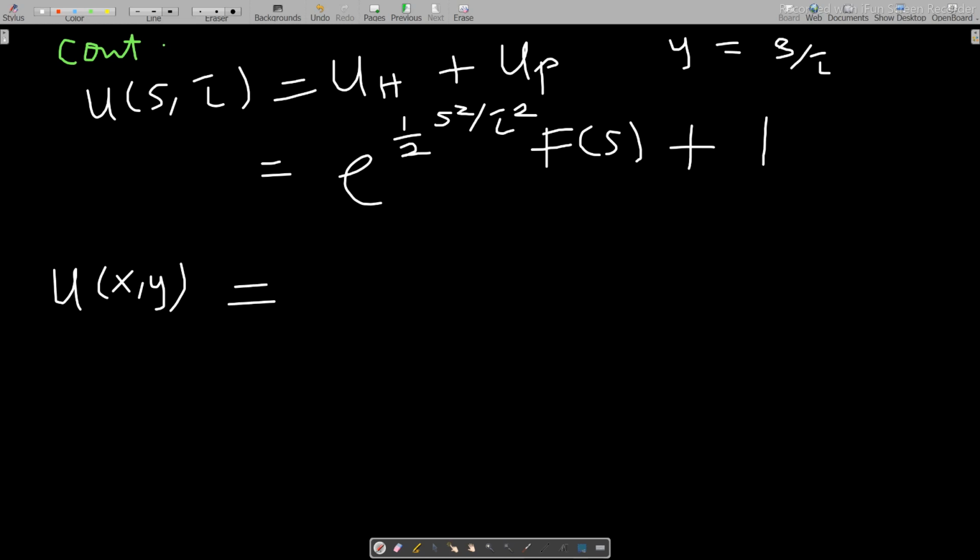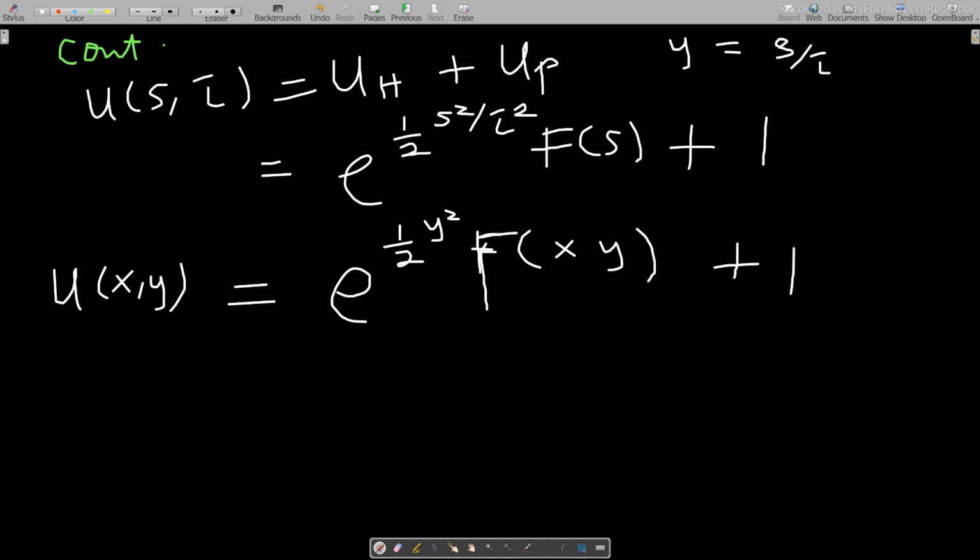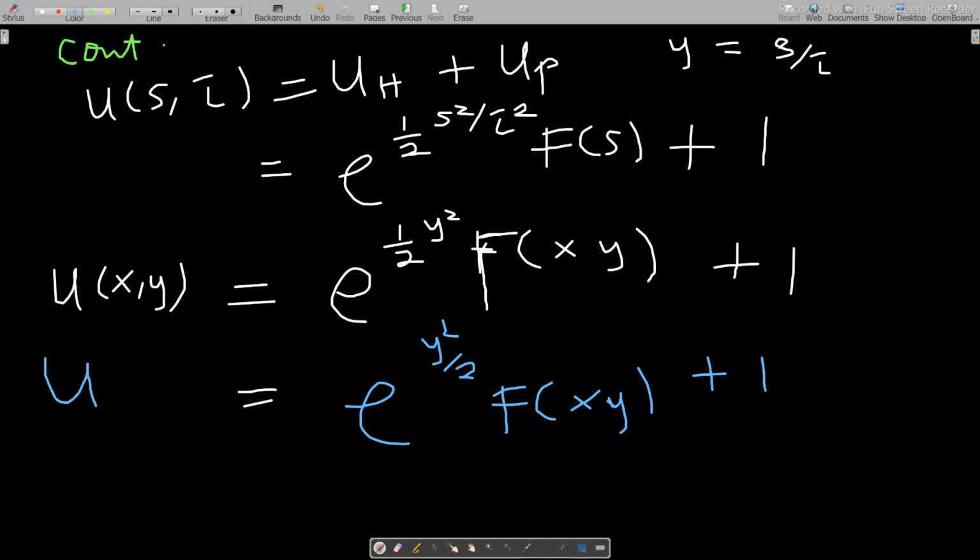So I have e to the half y squared, f of s, which was xy, plus 1. This f is multiplying that, so that is my solution. The solution to this is very simple: e to the y squared over 2, then f of xy, plus 1. This is the solution to the problem that we were solving.